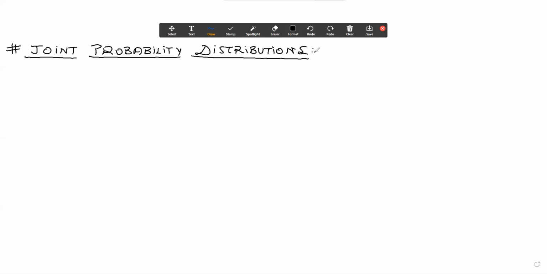I'm quickly revising with you the definition for the joint probability density function, which we had done in the last lecture. So let's look at this definition.